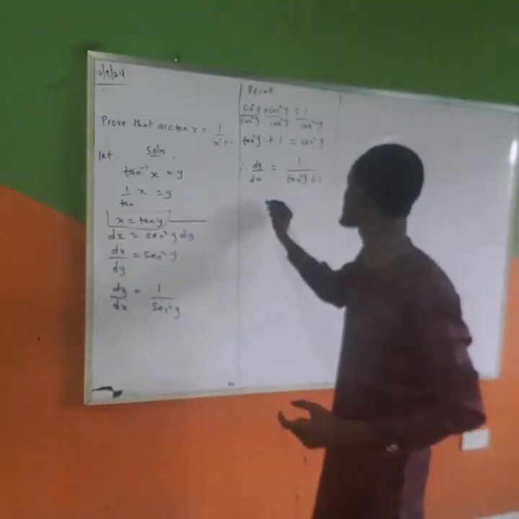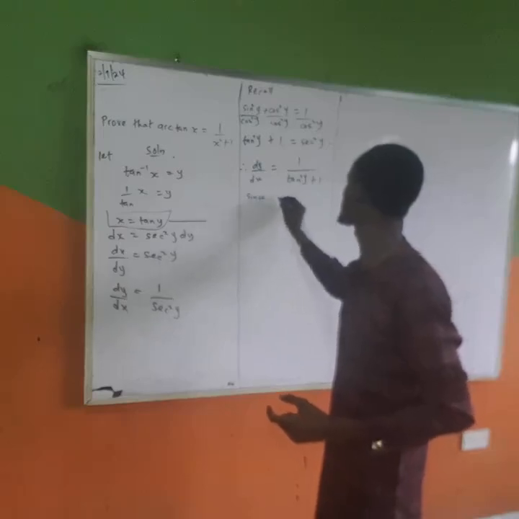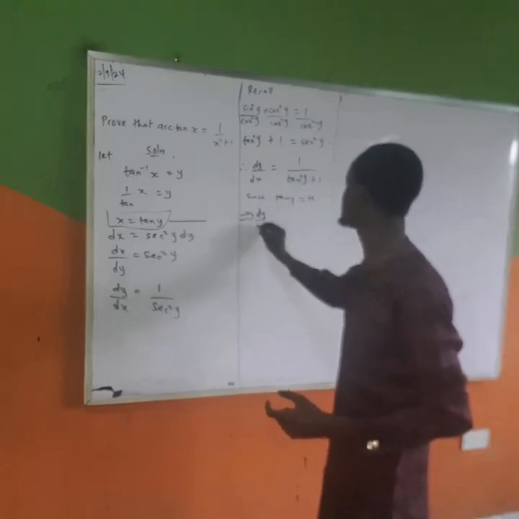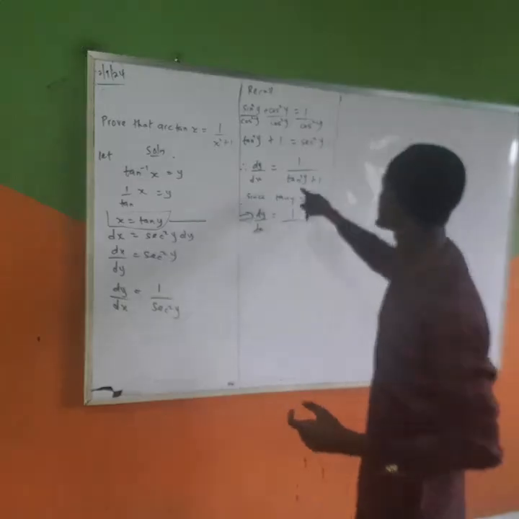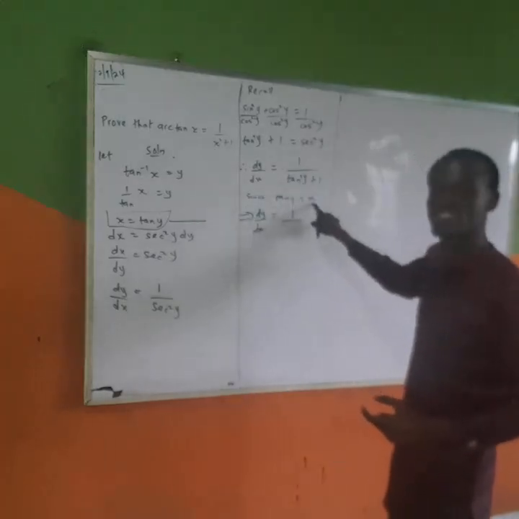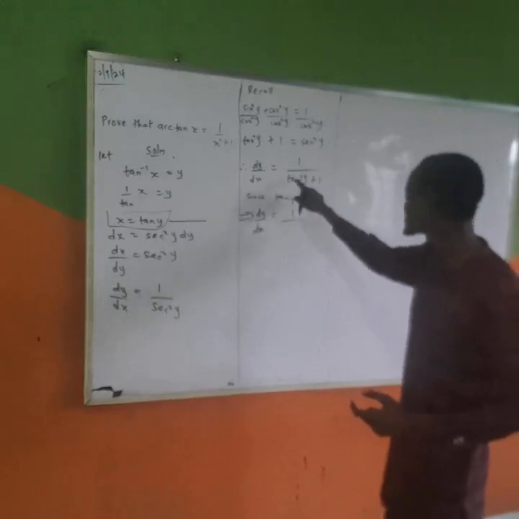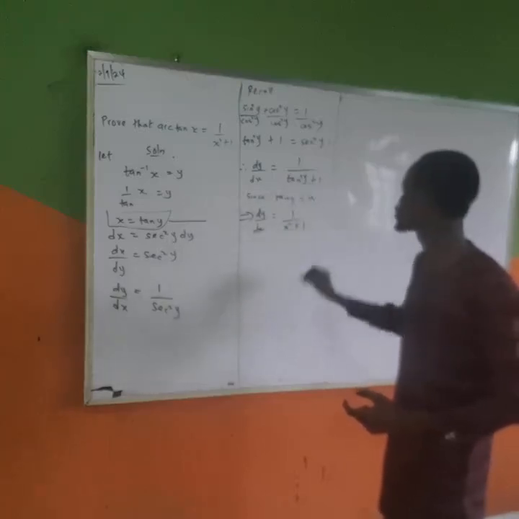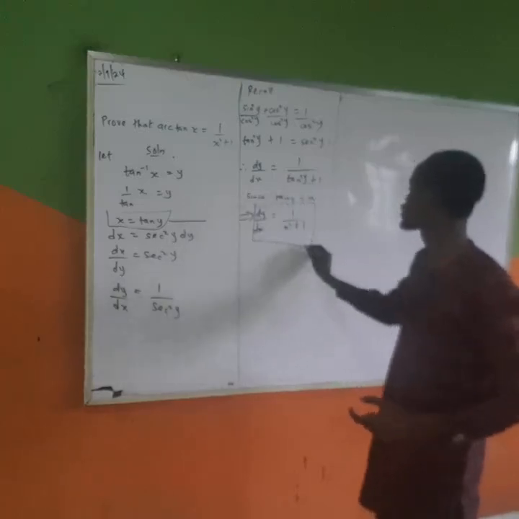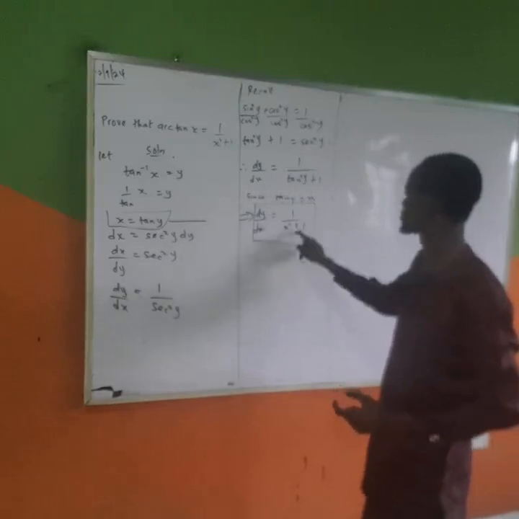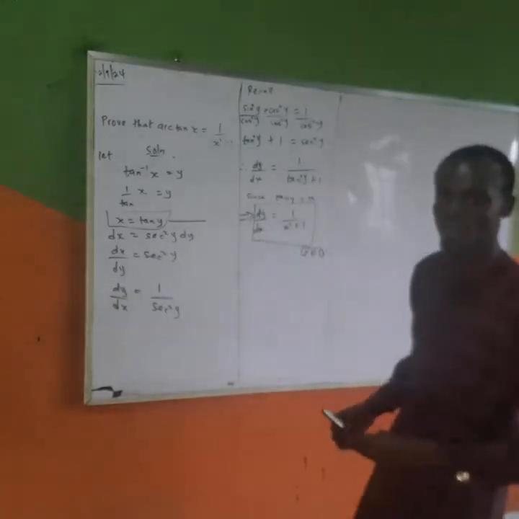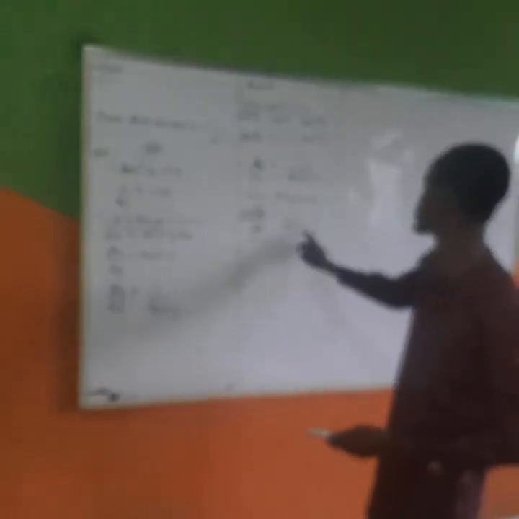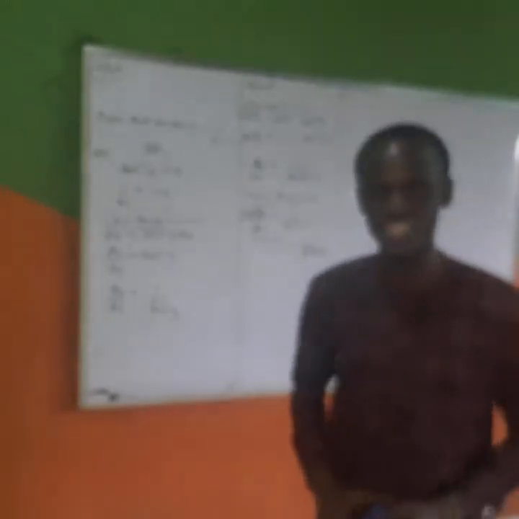Since tan y is equal to x, dy over dx is equal to 1 over, and if tan y is x, then tan squared y will be x squared, plus 1. QED. So we have just proven that the derivative of arctan x is equal to 1 over x squared plus 1.